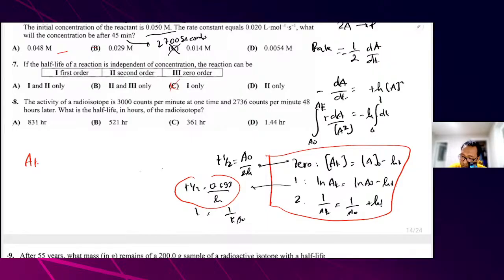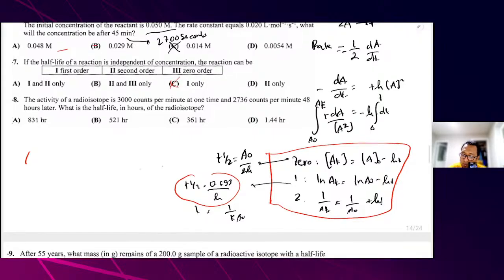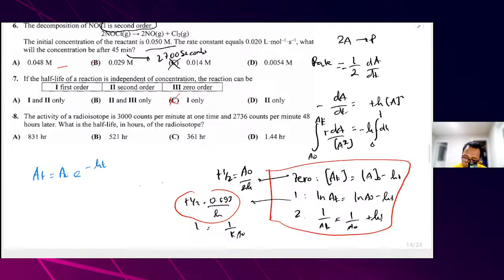So at is a0 e to the minus kt. No, not minus. Okay, kind of like this.